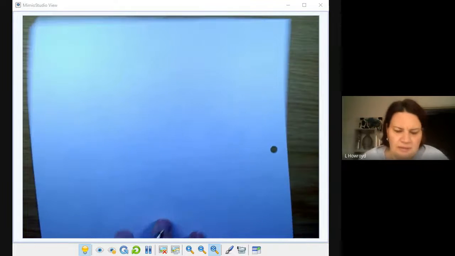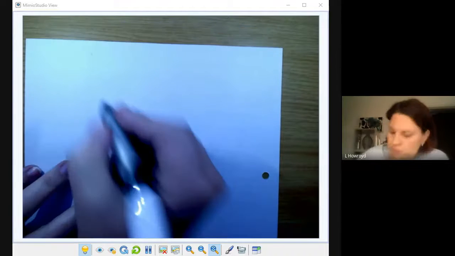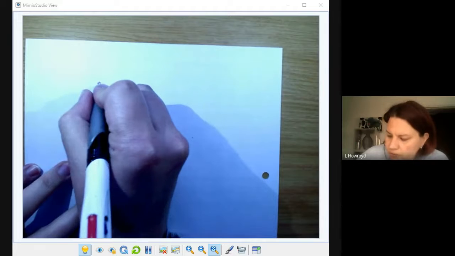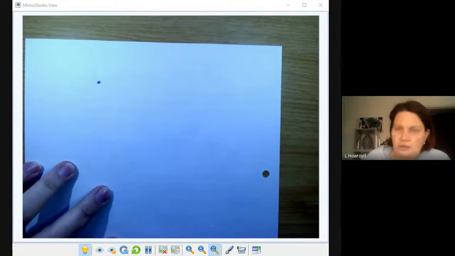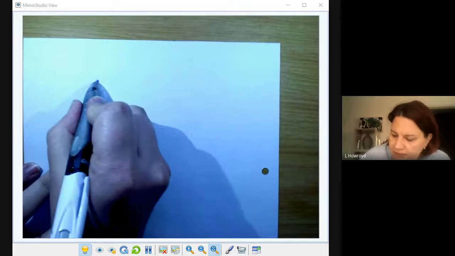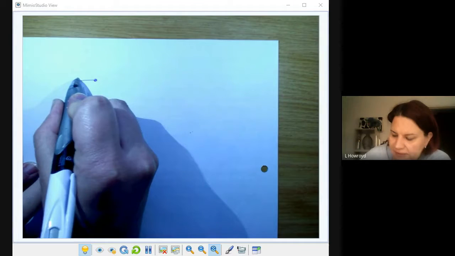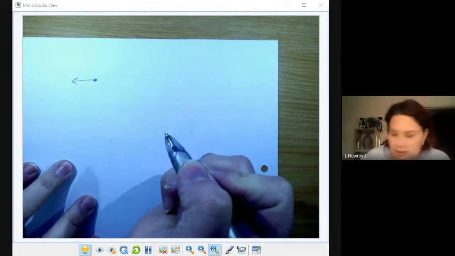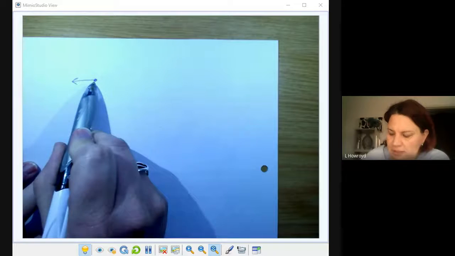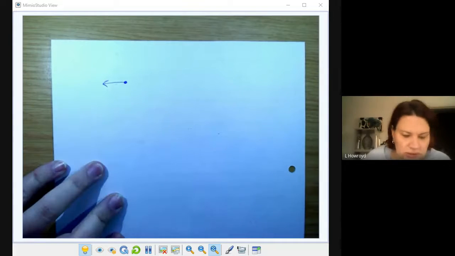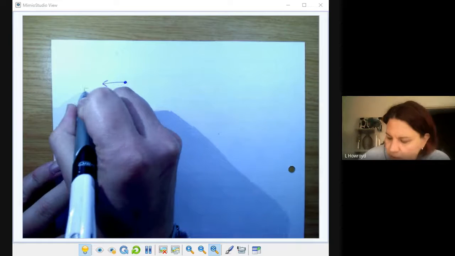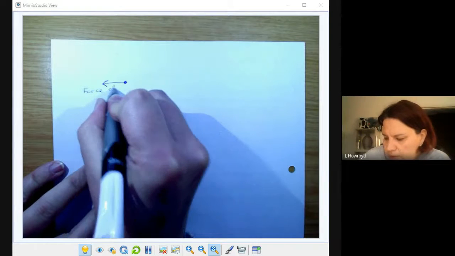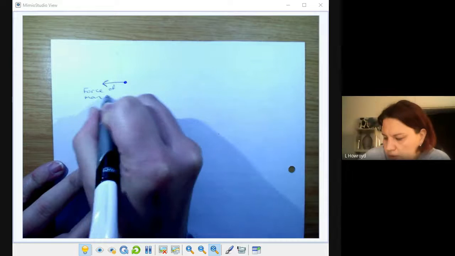So the man kicking the ball, with the ball's forces. So remember, you're going to have your dot representing the ball. Okay, now obviously the man's force is going to be applied in that direction. Okay, so remember, you always start at the dot, and that's going to be force of man on ball.